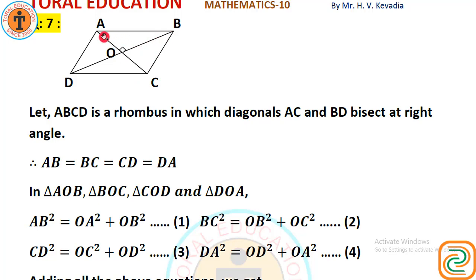So first we take AB square equals to OA square plus OB square. Similarly, second one, BC square equals to OB square plus OC square. Similarly, in third one, DC square equals to OC square plus OD square, right? In this way, AD square equals to OD square plus OA square.